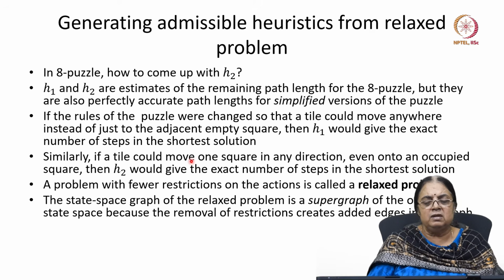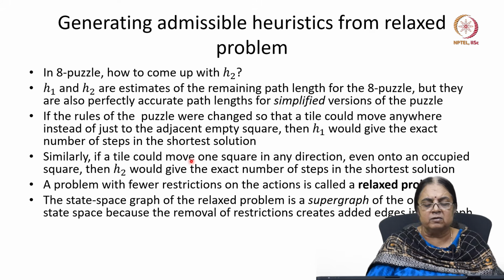So, generally one method of doing this is to reduce the restrictions on the problem. So, you come up with a solution to the relaxed problem and use it as a heuristic, okay.